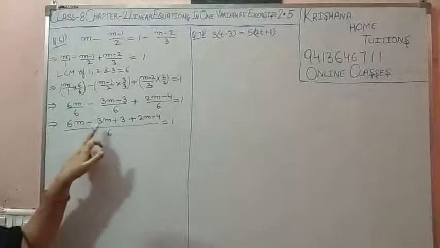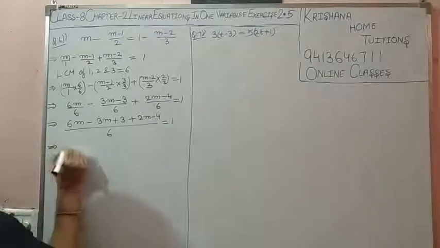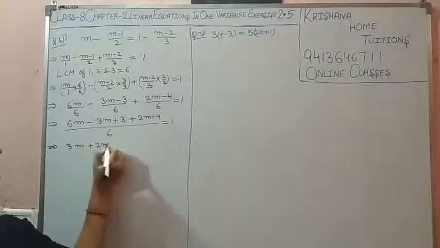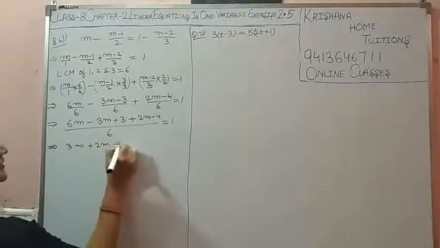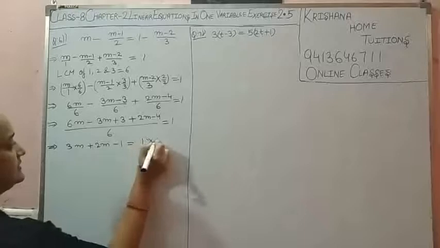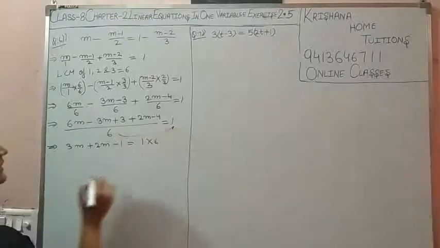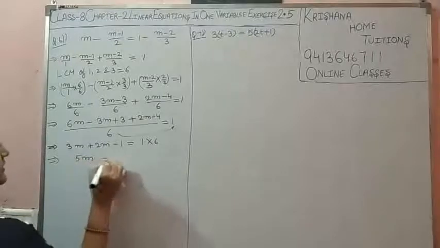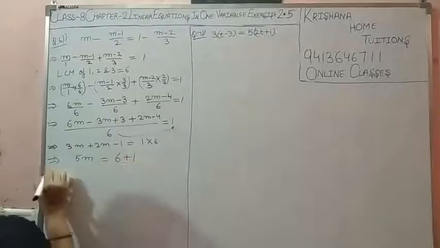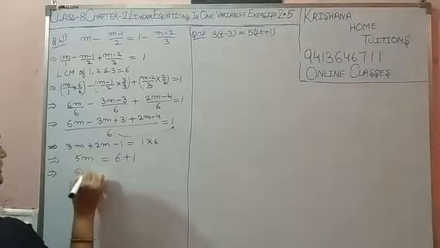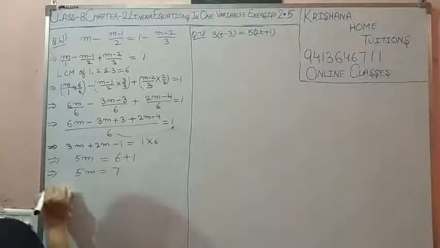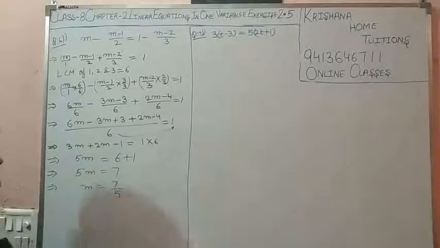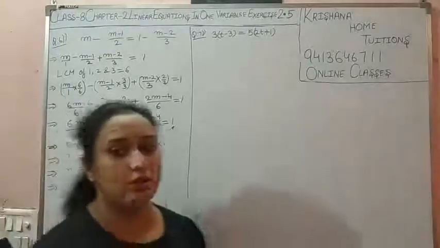Now 6m minus 3m is equal to 3m, plus 2m I am writing here. 3 minus 4 is equal to minus 1, and I am multiplying this 6 to this side. So it is equal to 5m is equal to 6 plus 1. 5m is equal to 7. m is equal to 7 upon 5. This is the solution of this question.